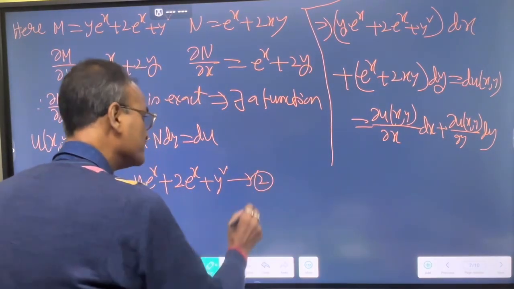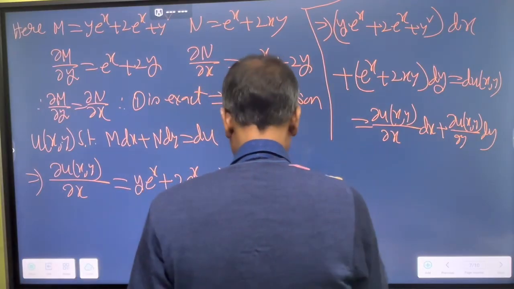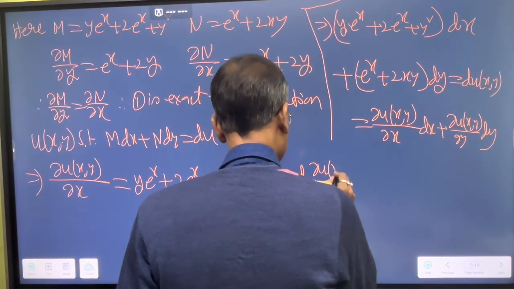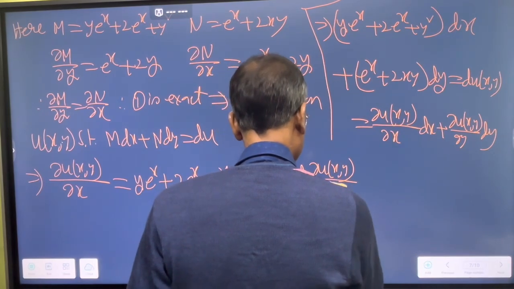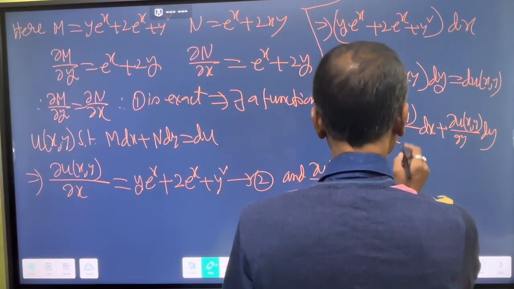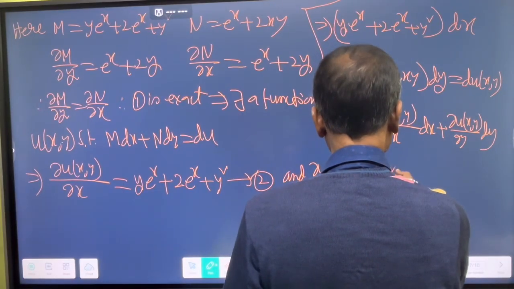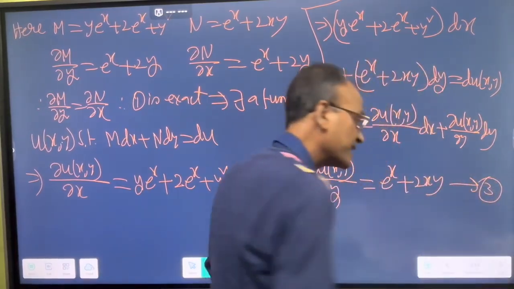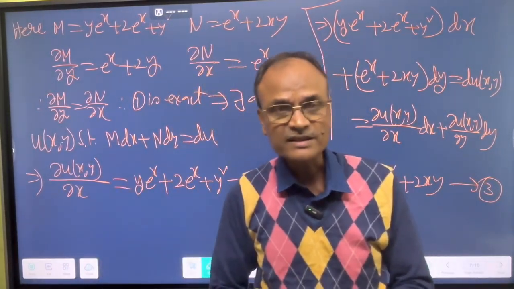This is number 2. And del U by del y equal to e to the power x plus twice xy. Suppose this is number 3. This is number 2 and this is number 3.